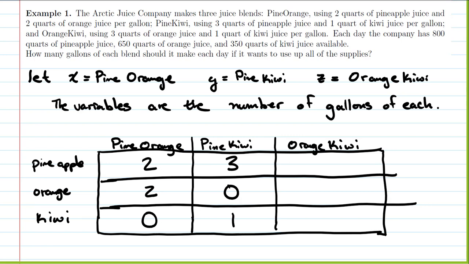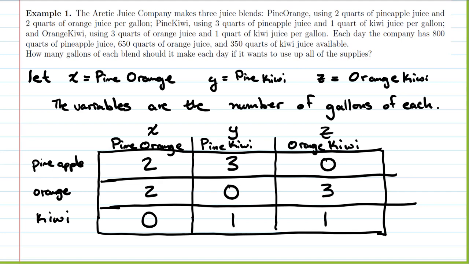We finally get to orange kiwi, and it uses 3 quarts of orange juice, and it uses 1 quart of kiwi juice, and uses 0 quarts of pineapple juice, right? So I labeled them as pine orange, pine kiwi, and orange kiwi, but we know that we also gave them aliases x, y, and z.